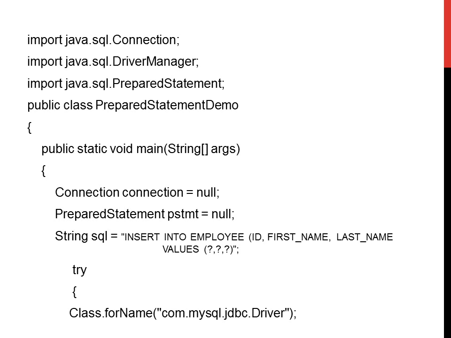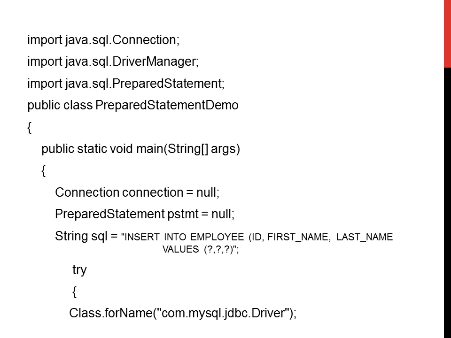Our class name is PreparedStatementDemo. Inside main, first you create an object of Connection, then an object of PreparedStatement. Here the query used is insert into employee ID, first name, last name. And instead of specifying values here, we are giving the placeholders, question marks. Later you have to set these values.